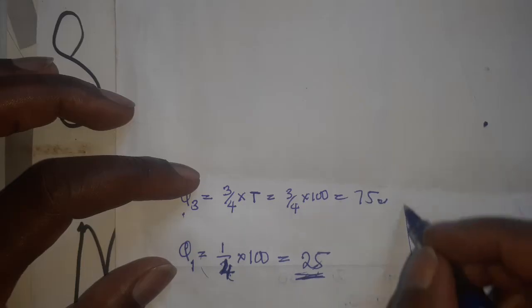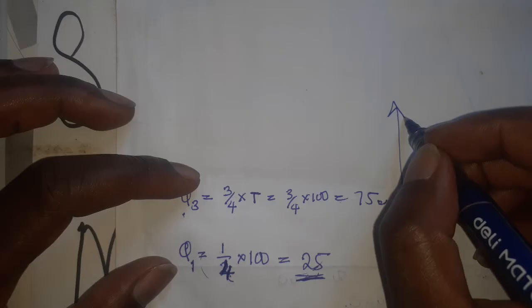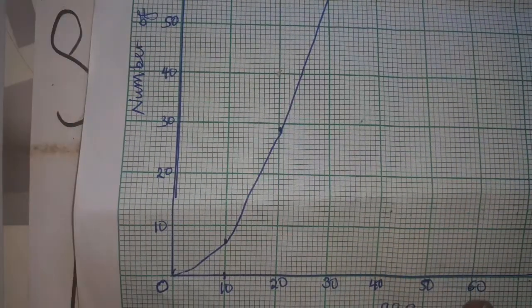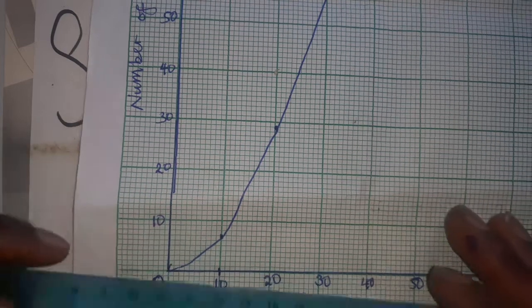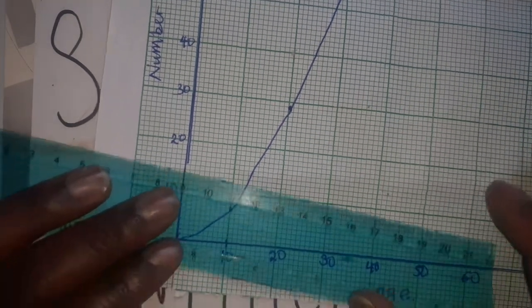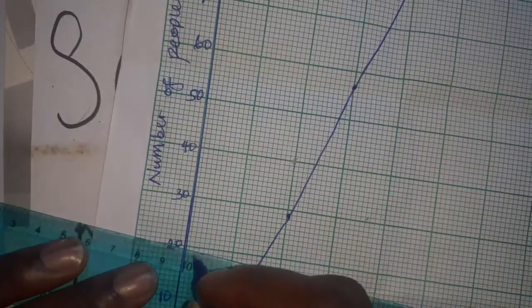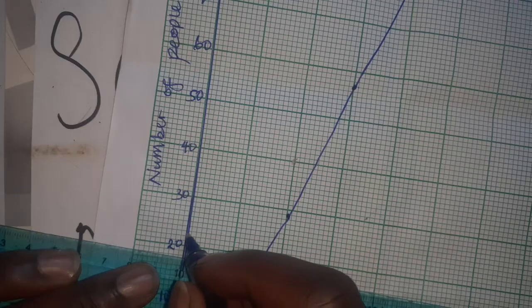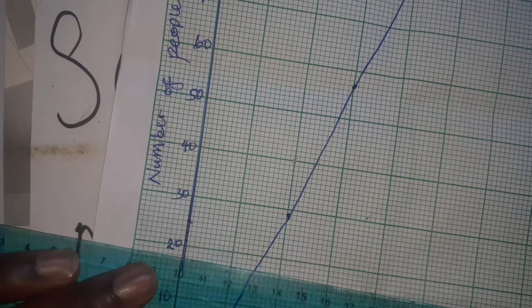So we go to the vertical axis. For the lower quartile, we have 25. This side, 1, 2, 3, 4, 5, so this is where we have 25.